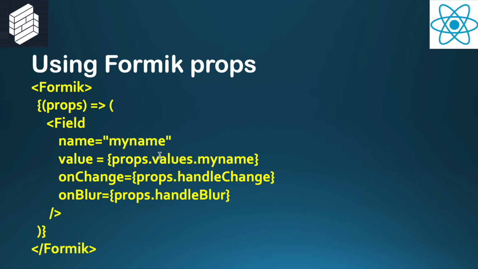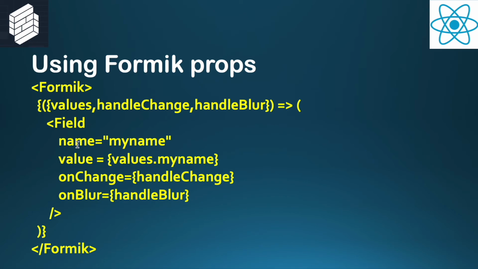As we discussed, values is the JSON storing the form values with the name specified. onChange is props.handleChange, onBlur is props.handleBlur. Another very common way to use it is to destructure the props here and handle it in a simple fashion. Let's run this code and see how this works.